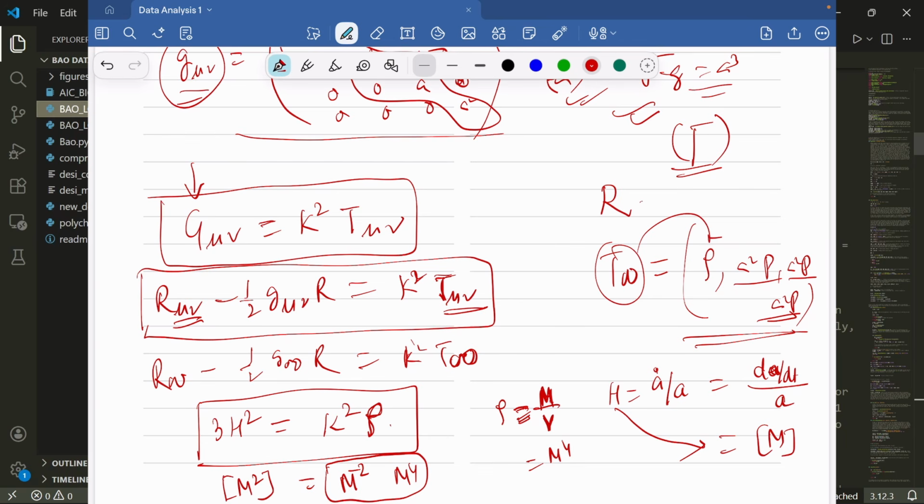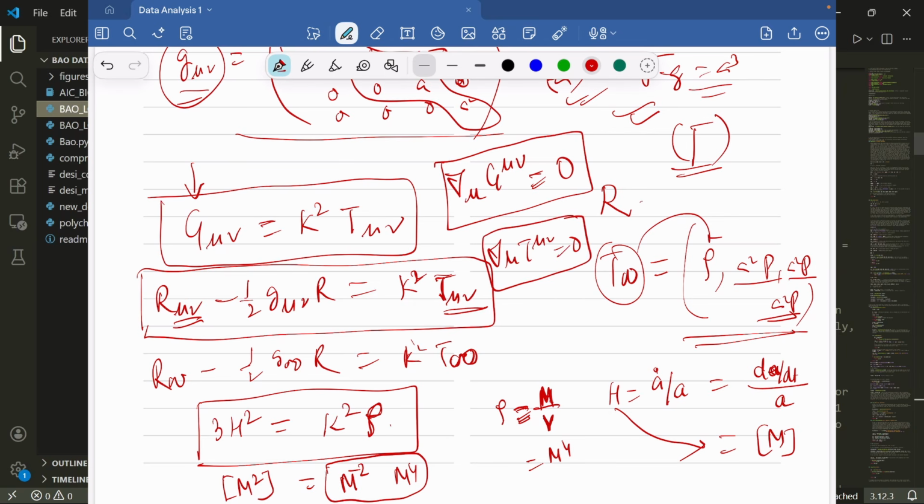Additionally, this Einstein tensor follows an identity called the Bianchi identity. So when you take the covariant derivative of this, you will get that nabla mu T mu nu is equal to 0. It means that in the homogeneous isotropic expanding universe, all the density will dilute away.